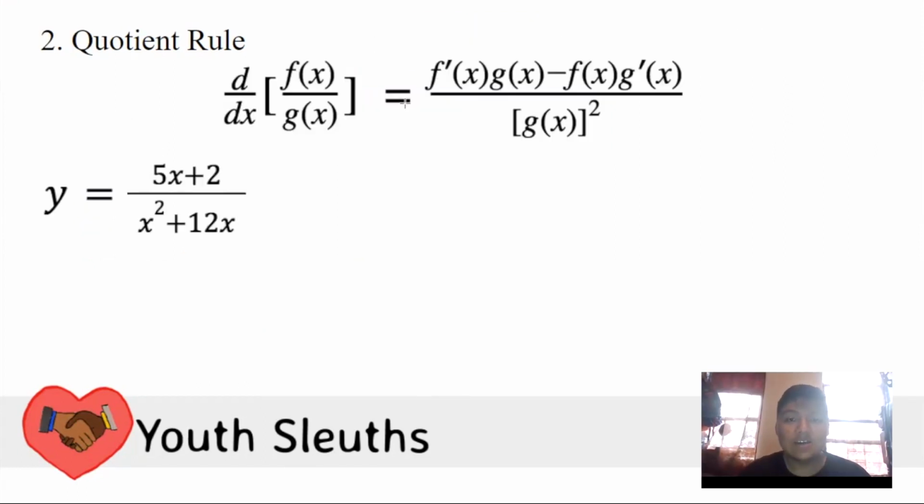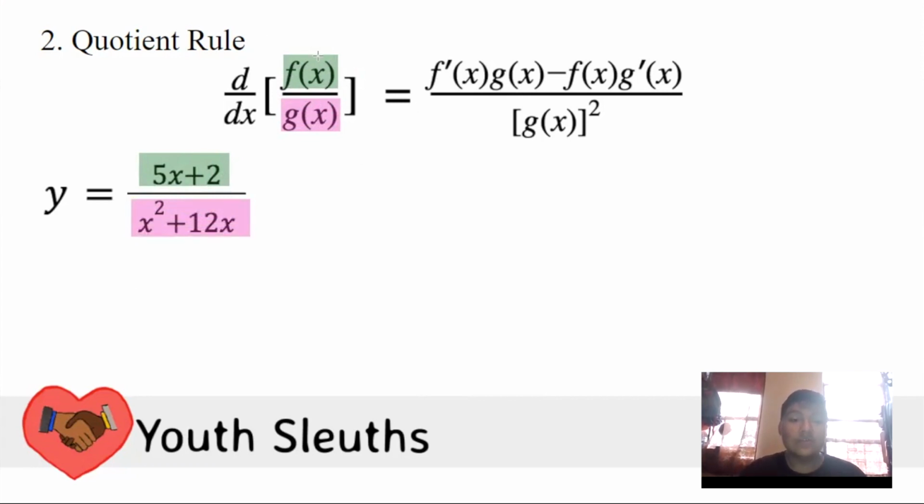On this slide here, we have the quotient rule. What you must notice is that instead of multiplying two functions, we're dividing. So we have f of x being divided by g of x. In the example we have below, let's say that 5x plus 2 is f of x, and x squared plus 12x is g of x.